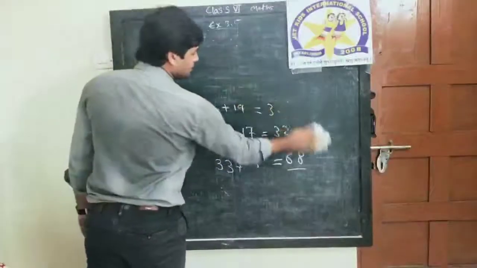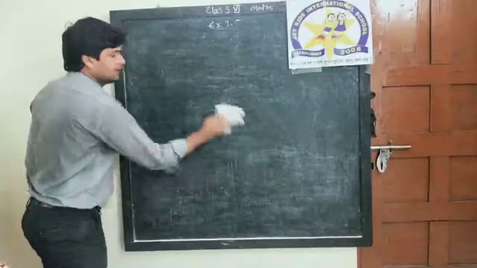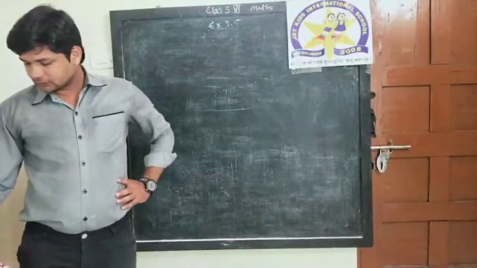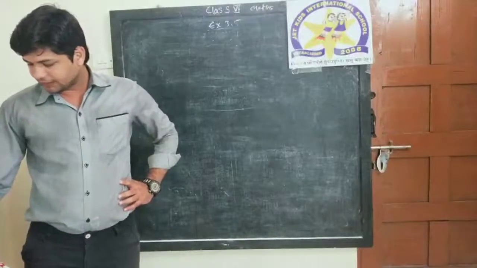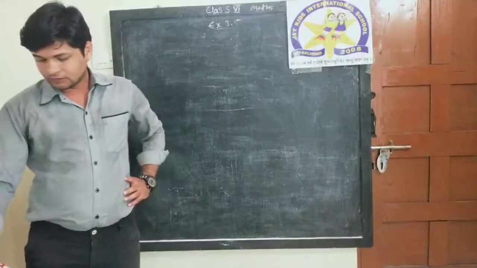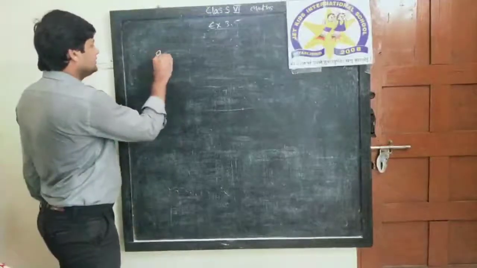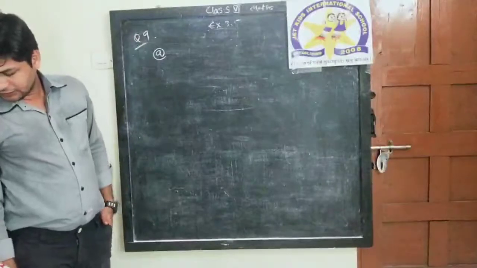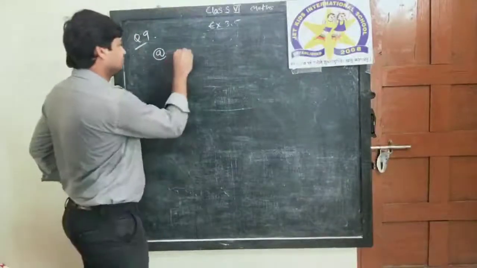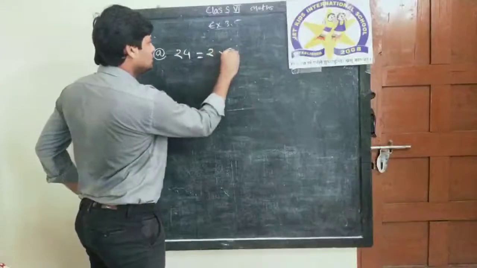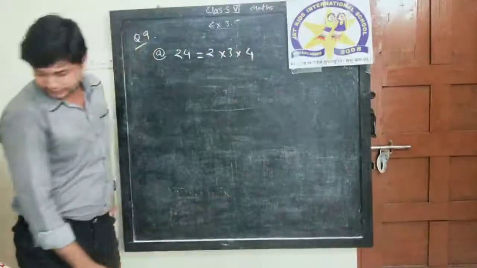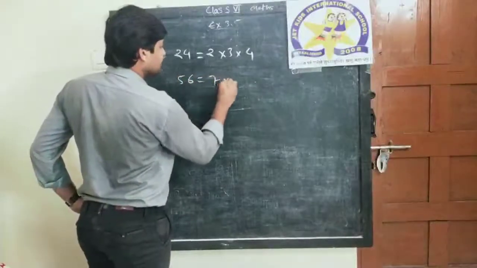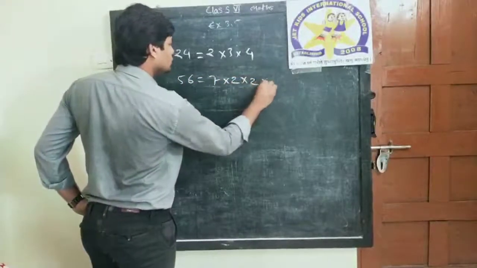Take a snap. Next question, that is question number 9. In which of the following expressions has prime factorization been done? A is given: 24 equals 2 times 3 times 4. Then B: 56 equals 7 times 2 times 2 times 2.